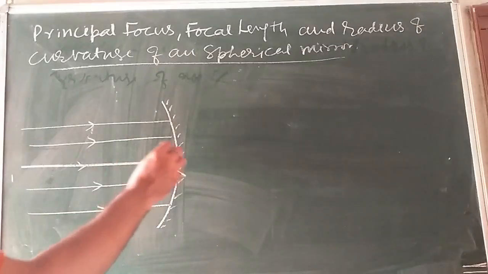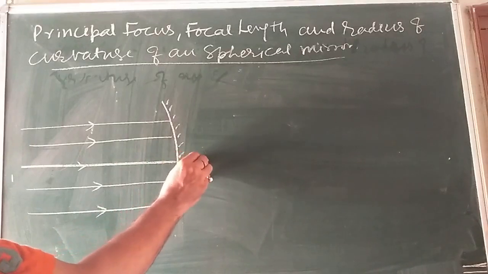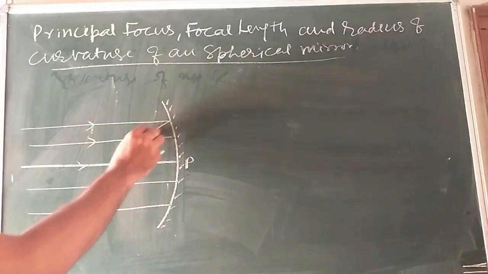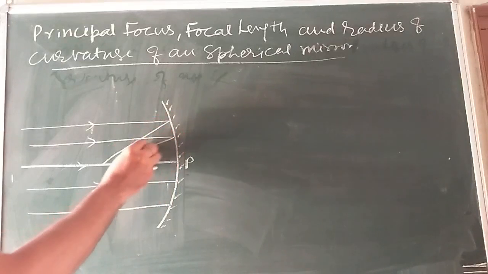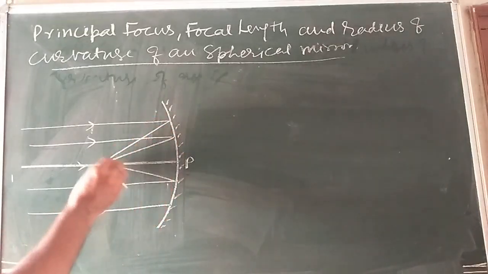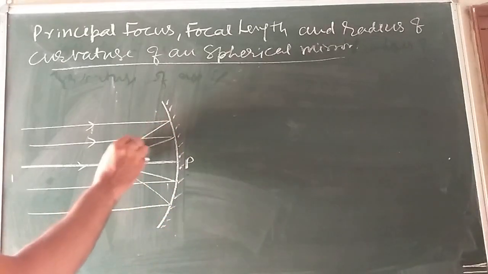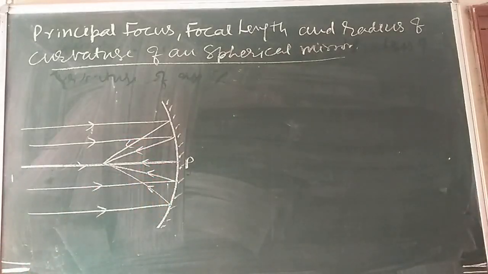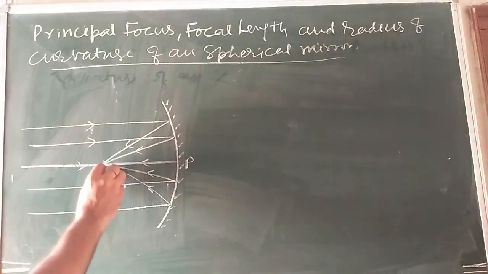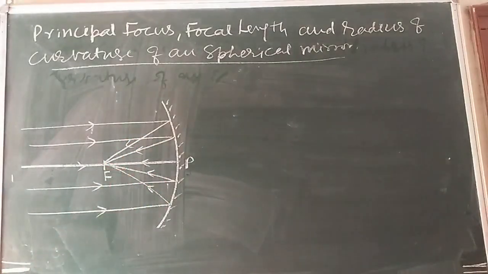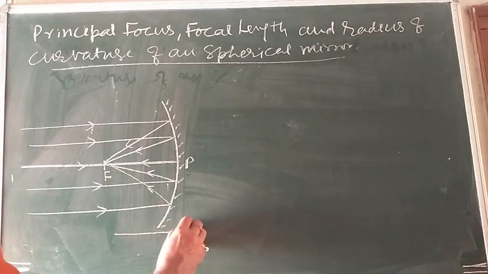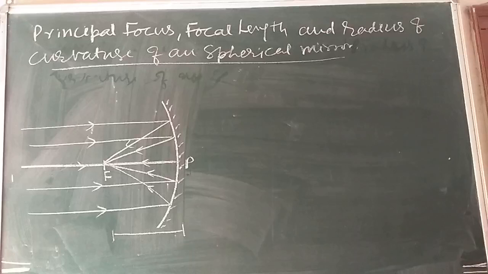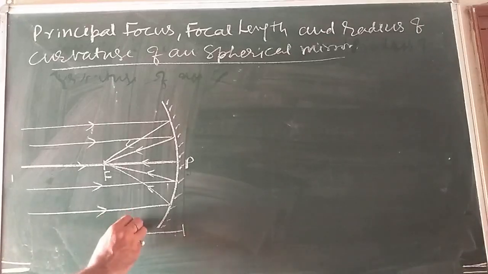Then just after reflection, here is a point called pole. The rays after reflection meet at a point here. So we can say that this point where it meets is called principal focus, and the distance between pole and focus is called focal length.